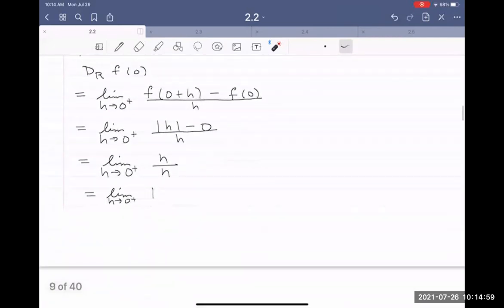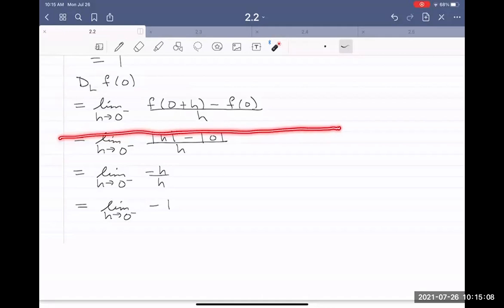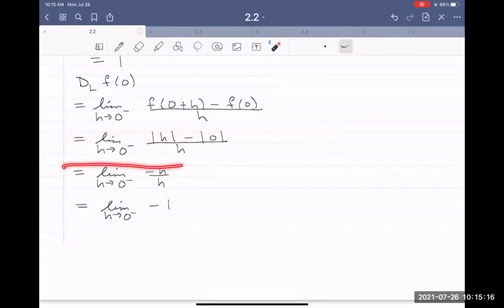Let's look at the left-sided derivative. The left-sided derivative of f at 0 is the left-sided limit as h approaches 0 of f of 0 plus h minus f of 0 divided by h, which is the left-sided limit of the absolute value of h minus the absolute value of 0 over h. The absolute value of 0 is 0. If h is less than 0, then the absolute value of h is negative h.